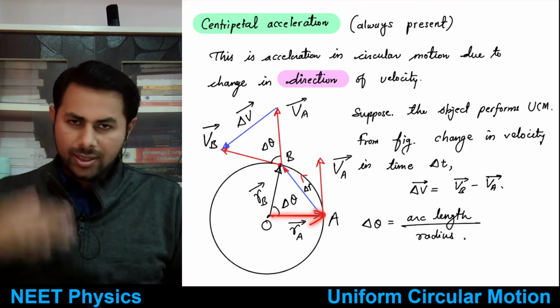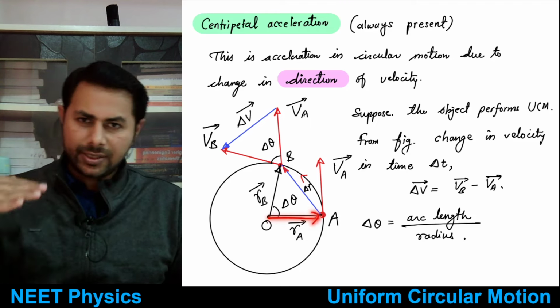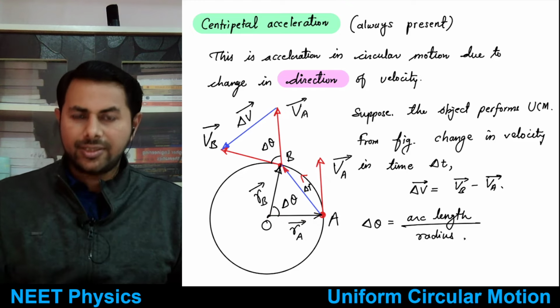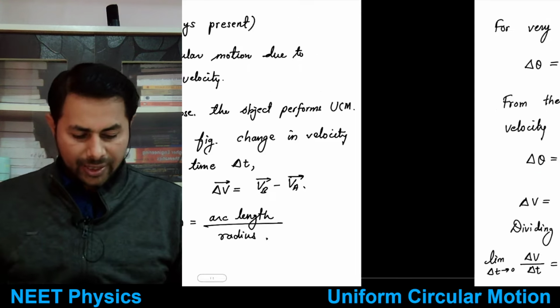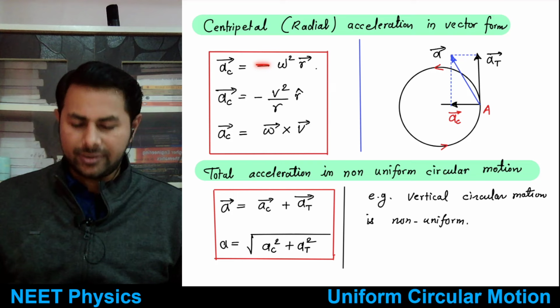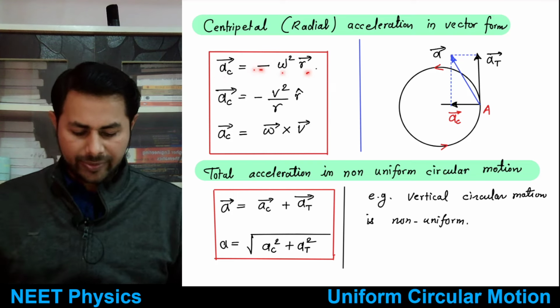So the radius vector is along the radius away from the center, and your centripetal acceleration is opposite to that. That's why, with centripetal acceleration equal to r omega square, it is directed opposite to r bar, and that's why I have put this negative sign. So AC bar is equal to minus omega square r bar.